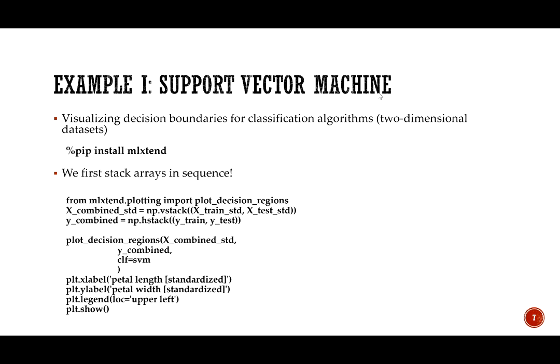That's why in order to combine the train and test sets, we are using vstack, which is row-wise, and for y, we are going with the column-wise hstack. So after we stack arrays, we combine both train and test data sets. Then we call the plot_decision_regions function. And we can see the results.